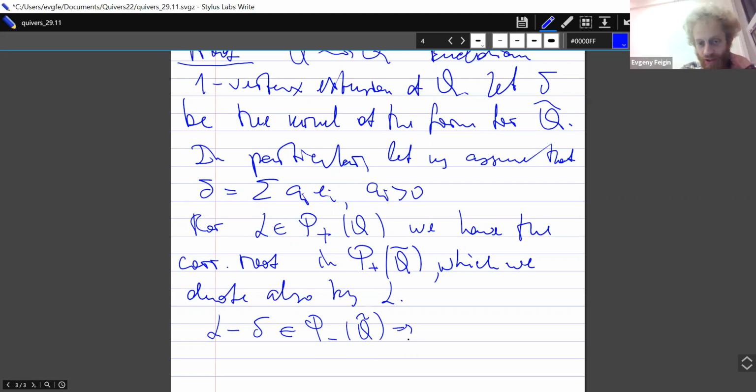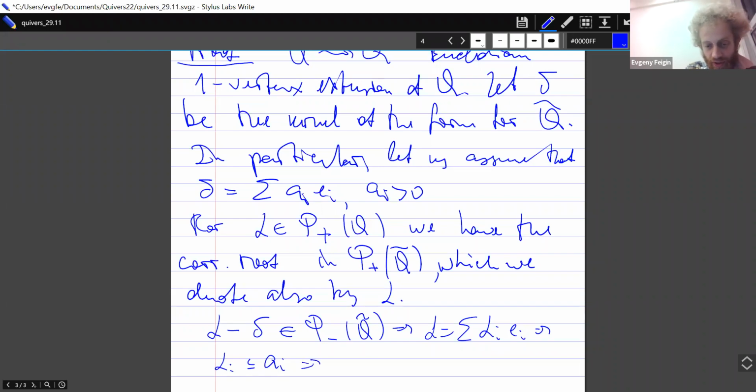So if we write alpha to be the sum of alpha_i e_i, we conclude that alpha_i is less than or equal to a_i, and recall that a_i are components of delta.